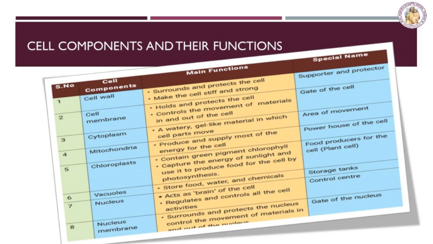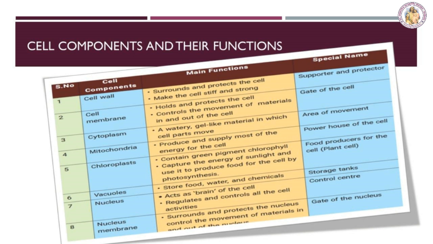Cell components and their functions. The cell components are cell wall, cell membrane, cytoplasm, mitochondria, chloroplast, vacuoles, nucleus, nucleus membrane. Let's see their functions and their special name. First one, cell wall.